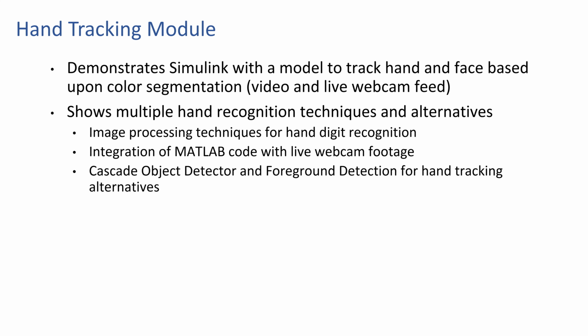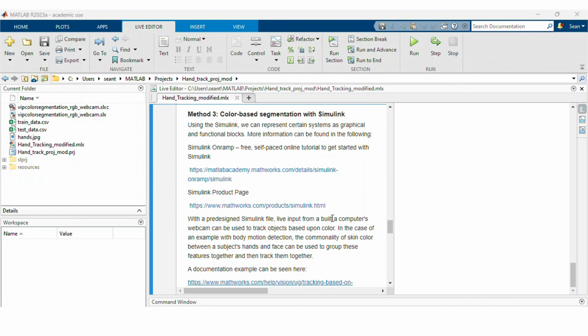This demonstrates Simulink with a model to track hand and face based on color segmentation. Okay, it allows multiple hand recognition techniques and alternatives. So let's just go ahead and go through this one. This is an interesting one, because students are able to use their own webcam and be able to collect their own images for hand tracking.